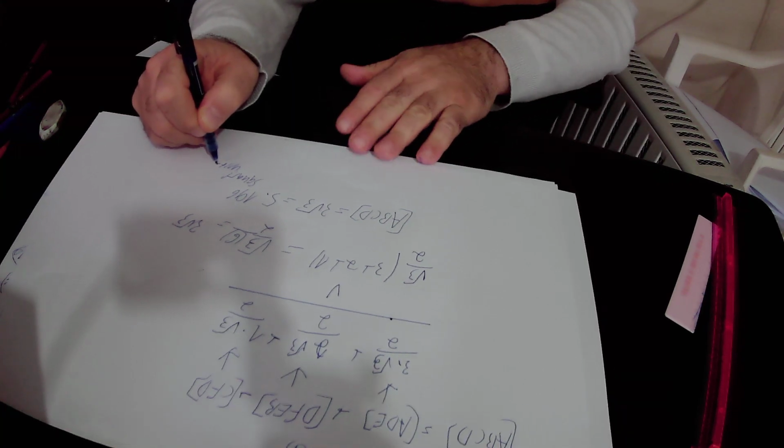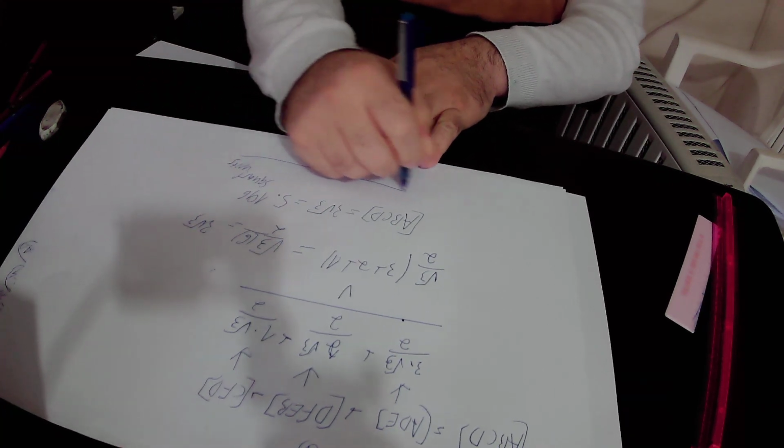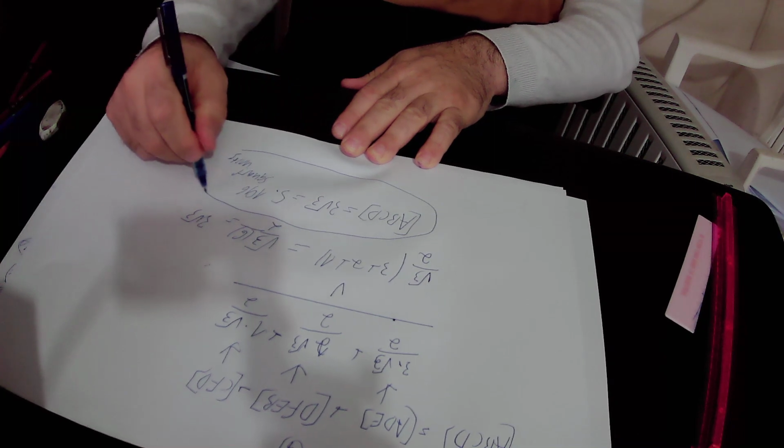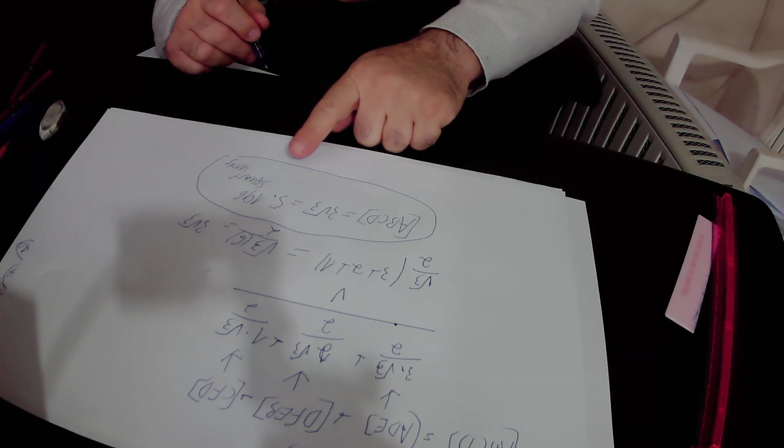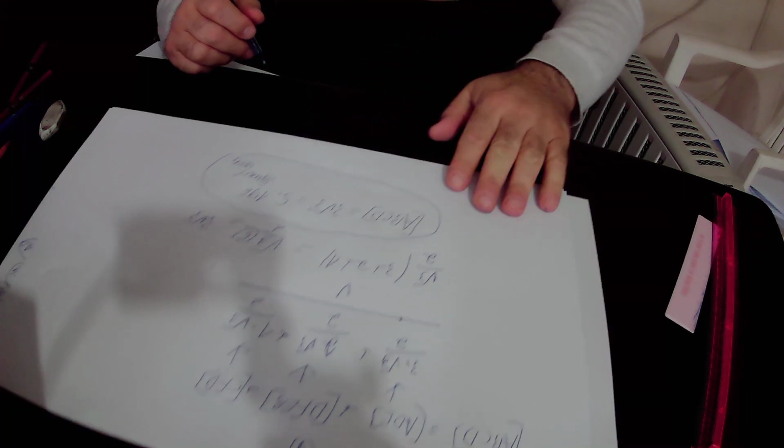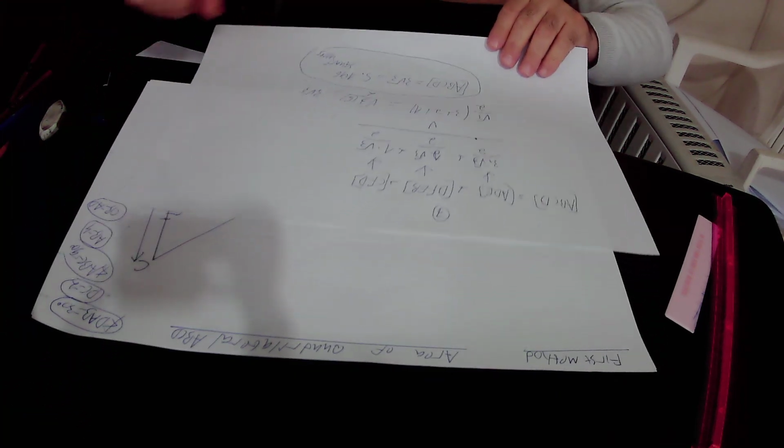I'll repeat again. The area of quadrilateral ABCD according to the first method equals either 3 times square root of 3 square units, or in terms of numbers, 5.196 square units. So we finish with the first method.